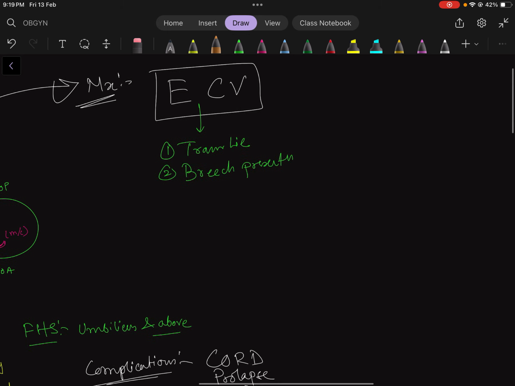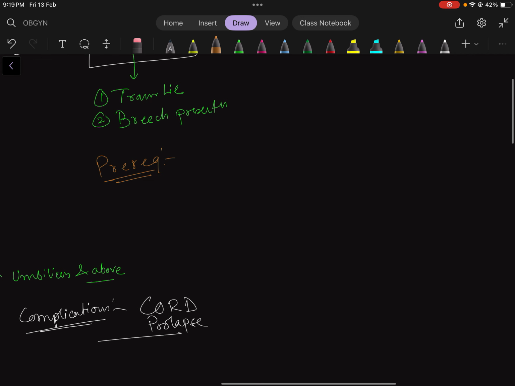Then there are some prerequisites of doing external cephalic version. Then we will discuss what external cephalic version is. First of all, there should be enough liquor to turn the baby.